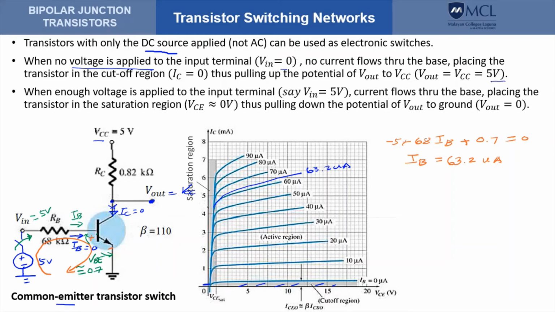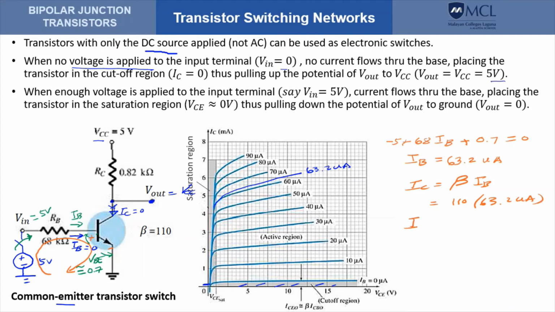We can calculate the collector current using I sub C equals the amplification factor times I sub B, and that will give us 110 times 63.2 microamps.